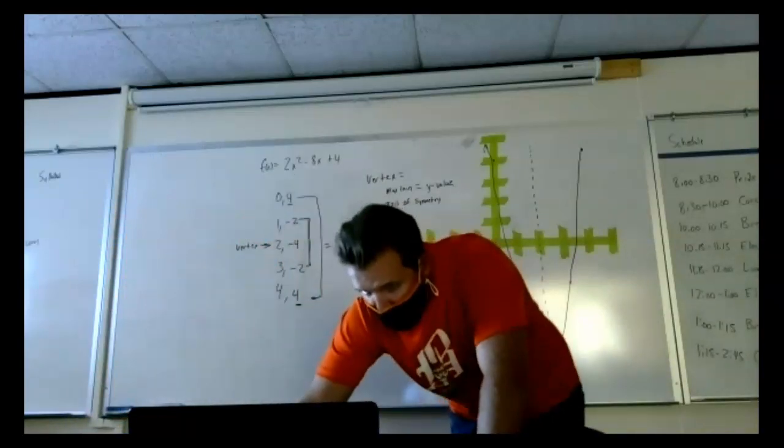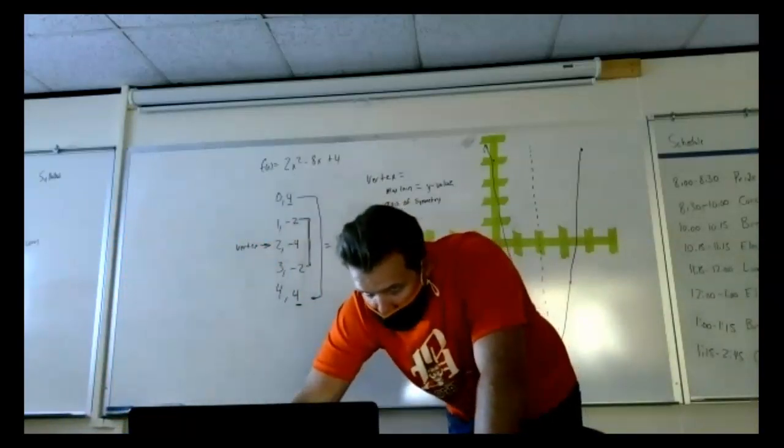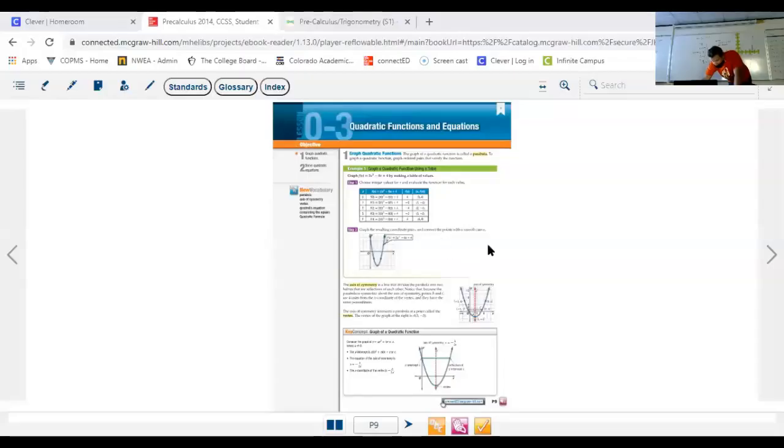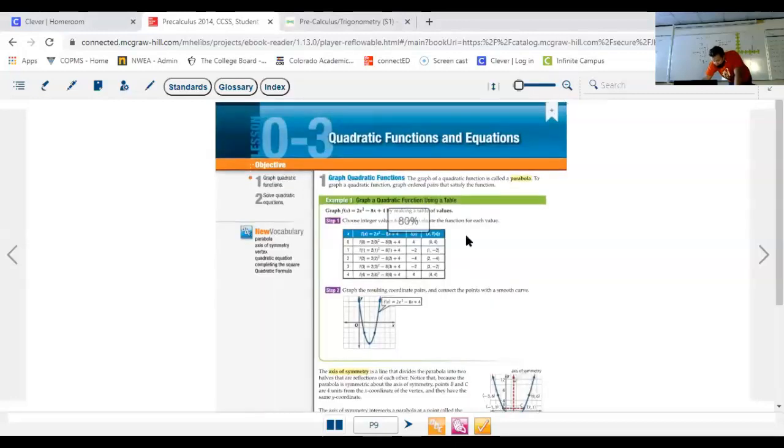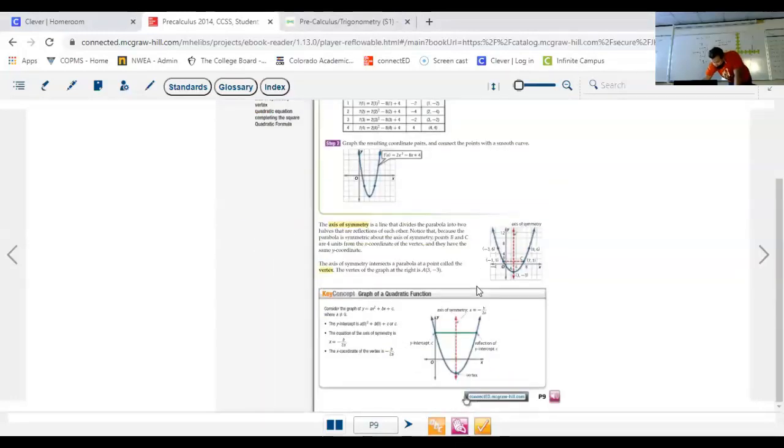And that brings me into a perfect key concept, which is at the bottom of page P9. Let me zoom. It's the graph of the quadratic function right there.